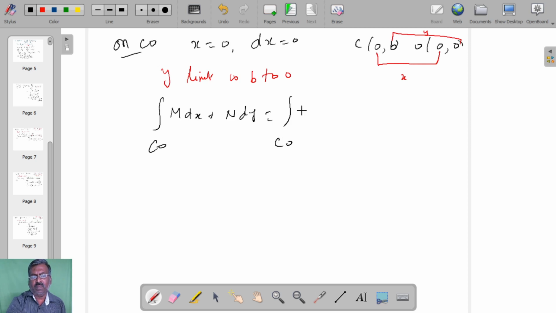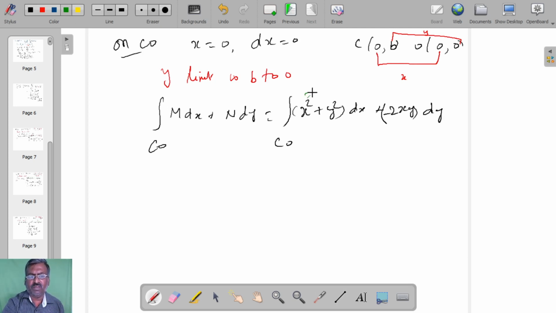Now I can write the integral of M dx plus N dy along CO, equal to the integral along CO of (x square plus y square) dx plus 2xy dy. Now here we have x equal to 0 and dx equal to 0.